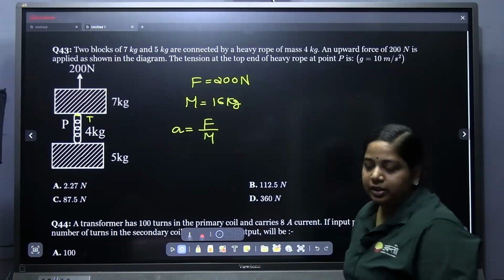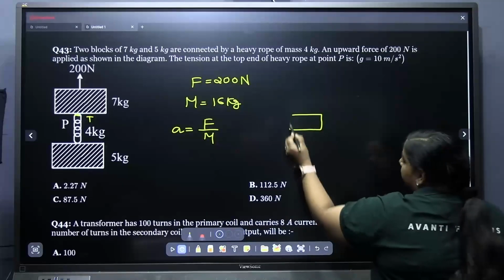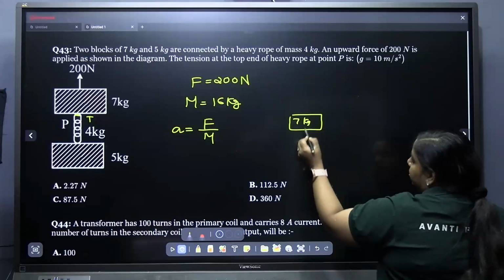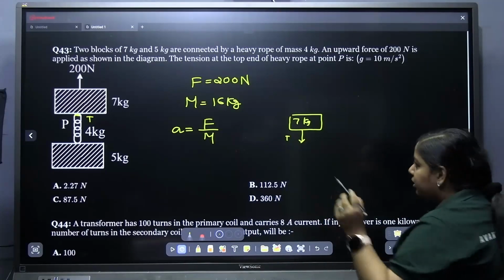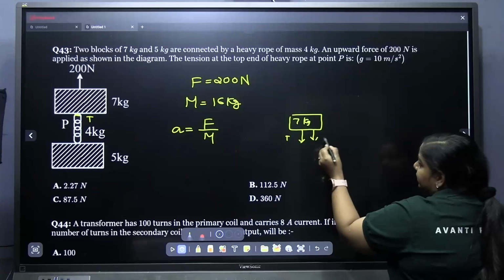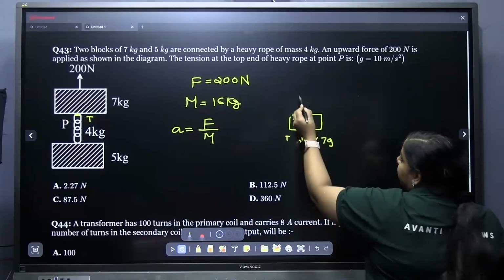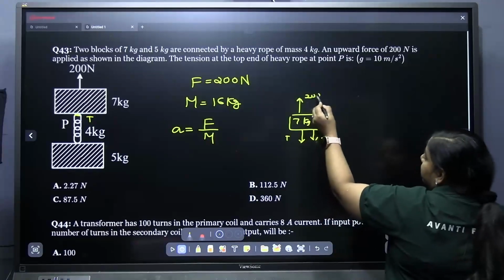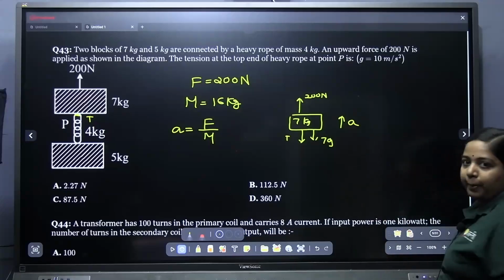Find the acceleration, then take the 7 kg block. For the 7 kg block, tension is acting downwards, and 7g is also acting downwards. In the upward direction, 200 Newton is acting, with total acceleration a.